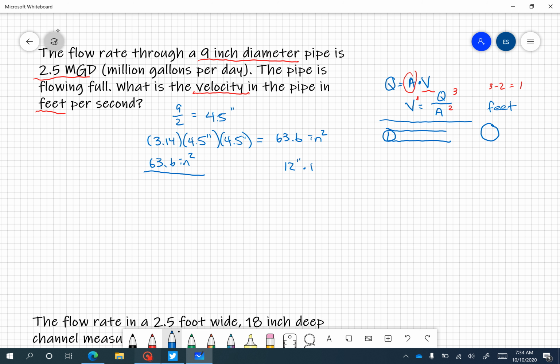And how many inches are there in a square foot? 12 times 12, or 144 square inches. So I have to divide 63.6 square inches by 144 square inches to get 0.44 square feet.